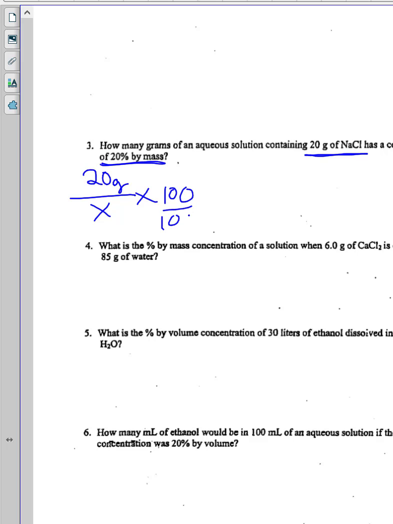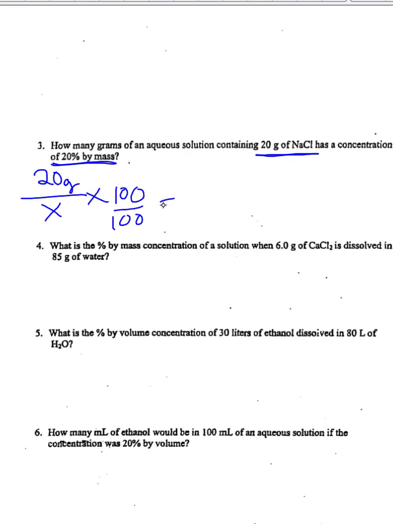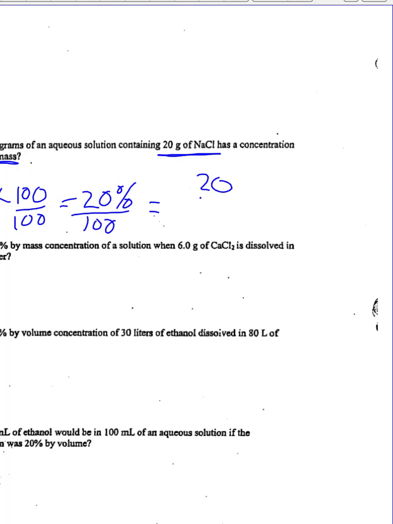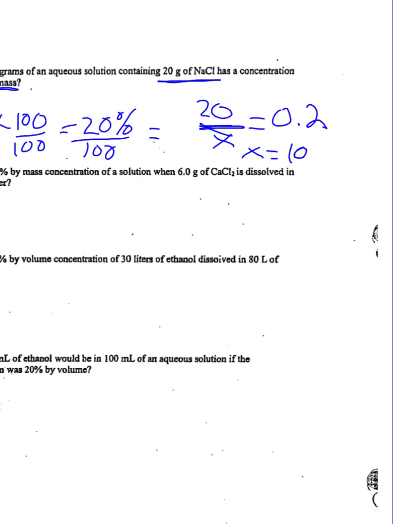I'm going to divide both sides by 100. And that puts us at 20 over X equals 0.2, and X equals 100 grams of solution. Okay, most people got that one right.